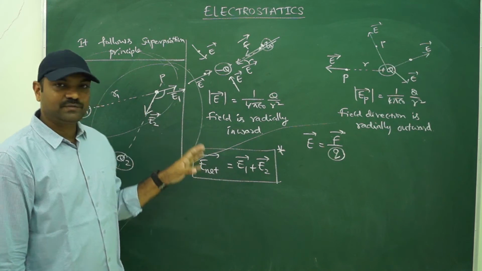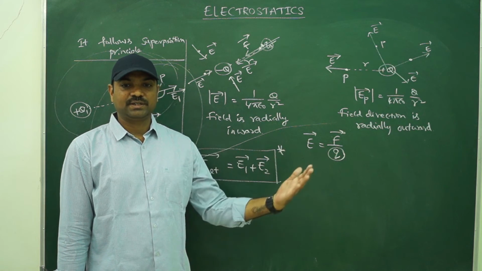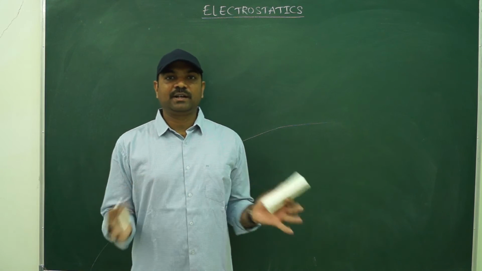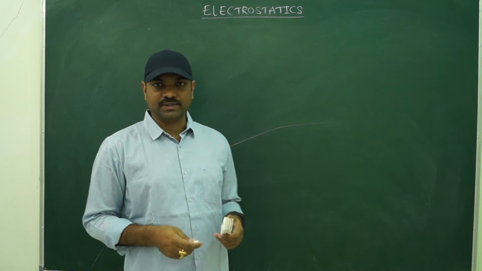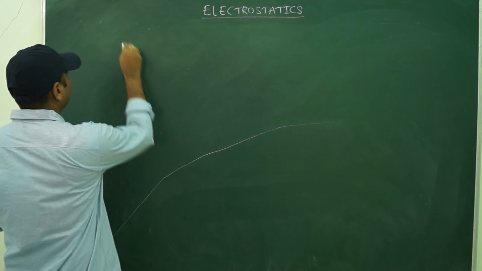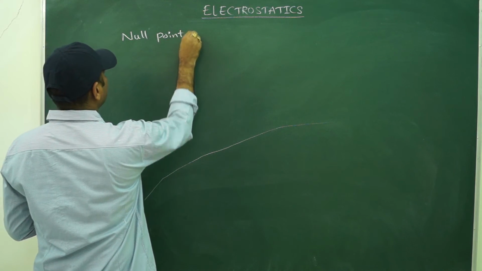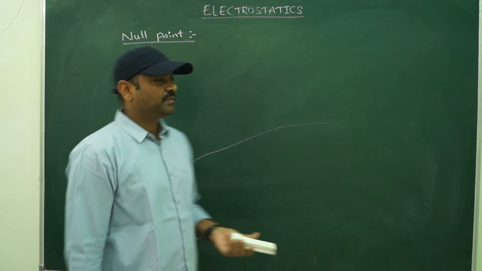Okay, so this plays a very important role in finding the electric field due to extended charges. So till now we have seen the electric field magnitude and direction due to positive charge and negative charge. So let us see one important point related to these charges, that's called null points. What is the meaning of null point?